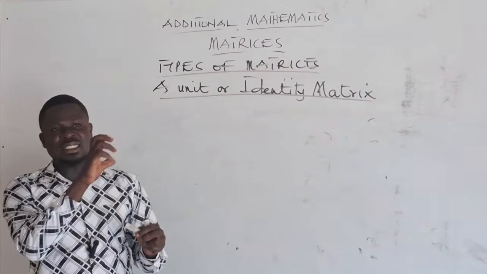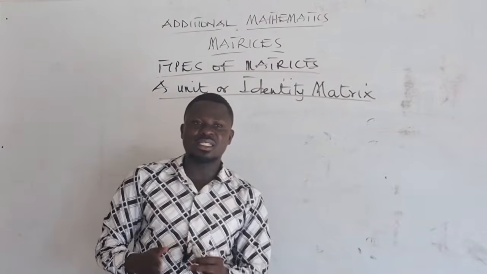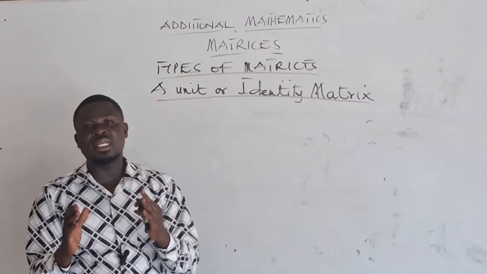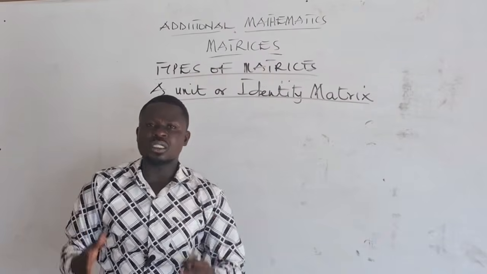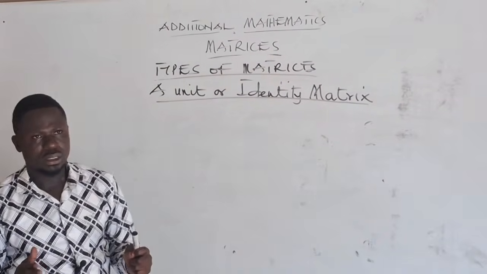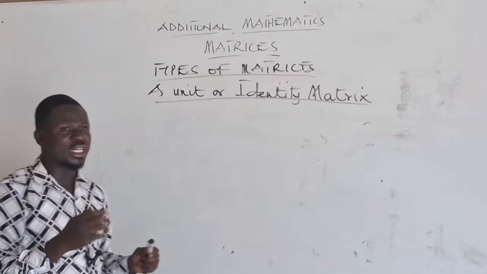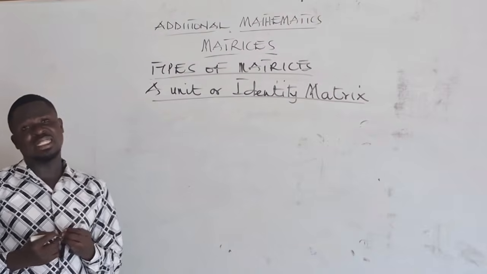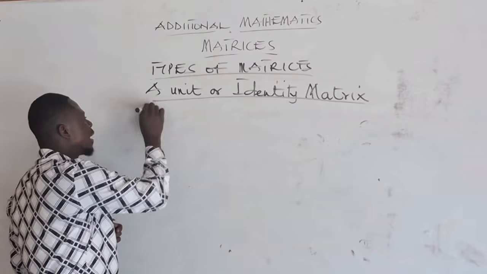That is, in the leading diagonal, all the elements there are 1. And then the elements around the leading diagonal are all zeros. Let's use this example for further explanation. Since it is represented by the letter I, let's quickly look at it.